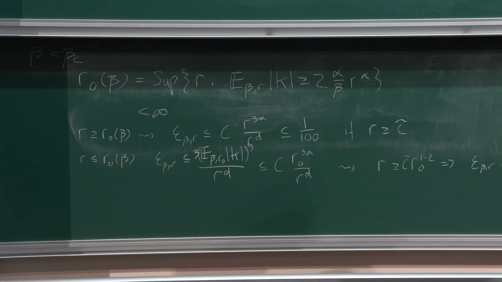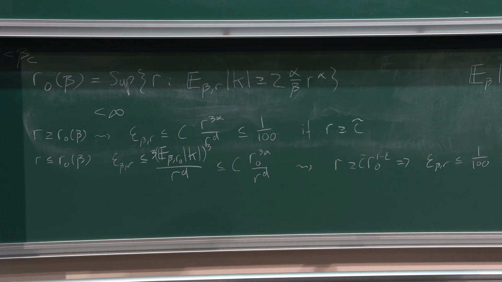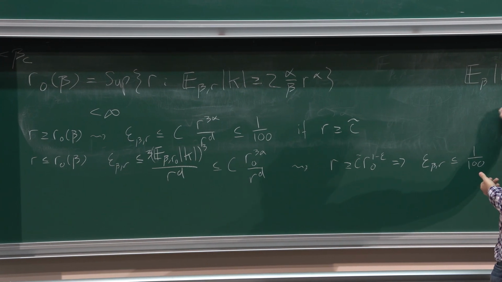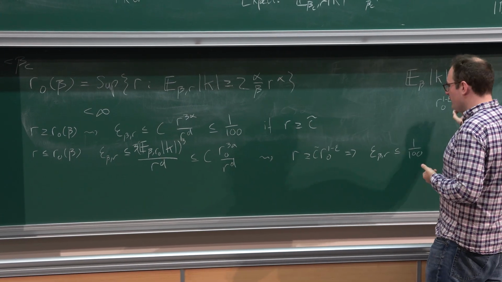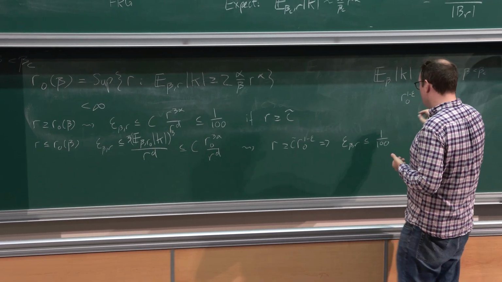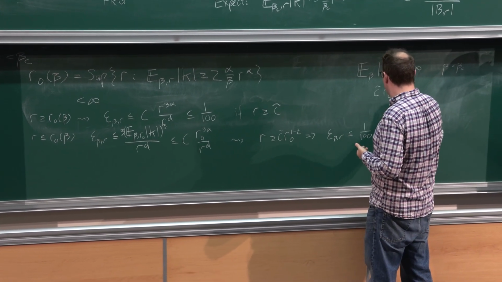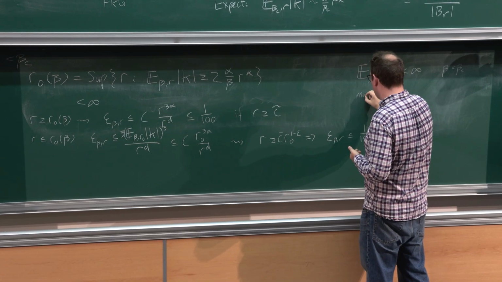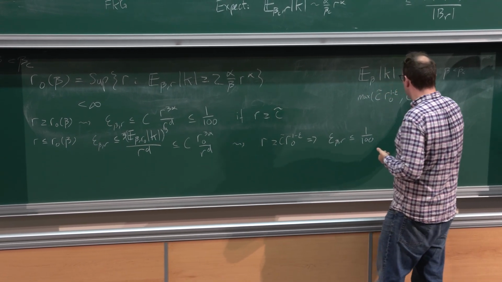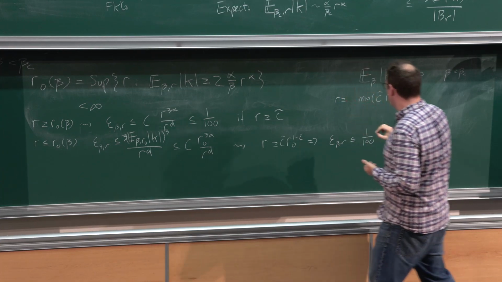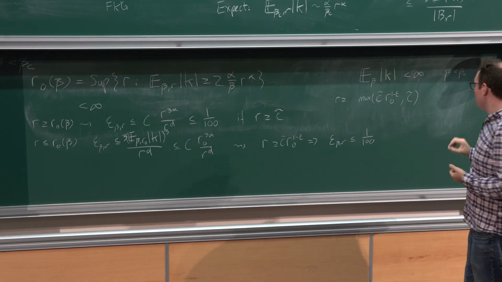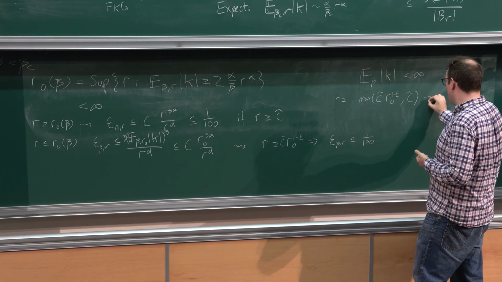So what this means is either way, if I look at this regime, R0 to the 1 minus epsilon, if I look at the max of this or something, if R is bigger than this, then this ensures that the error is small.